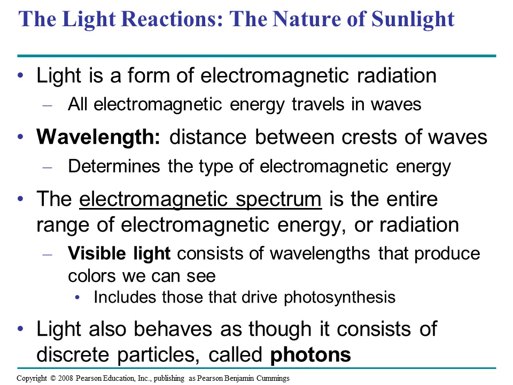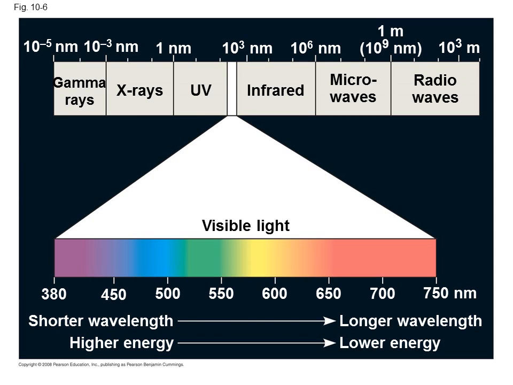Okay, now we'll focus in on light. We know that light is a form of electromagnetic radiation and that all electromagnetic energy has waves. And the wavelength is the distance between the crests of a wave, and it determines what type of electromagnetic energy we're talking about. So we have this whole big electromagnetic spectrum, and visible light, the light that we can see, is just a small part of it.